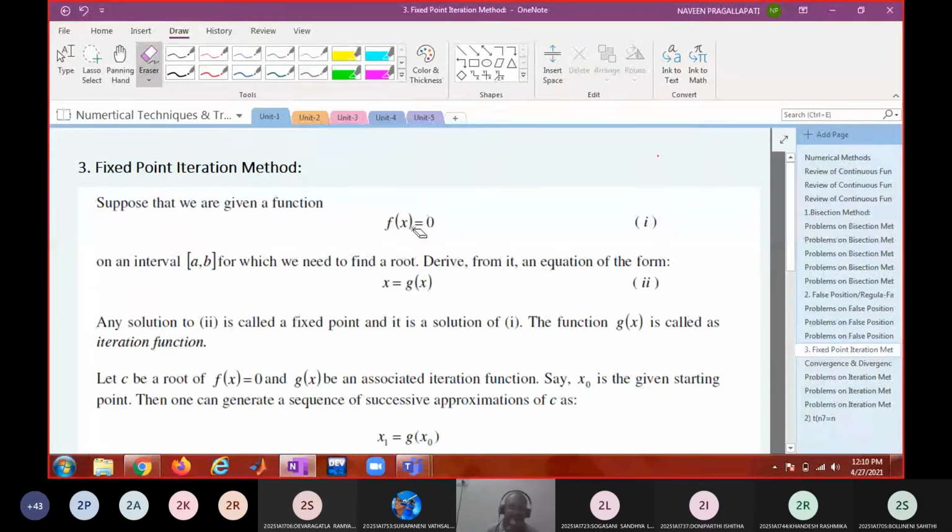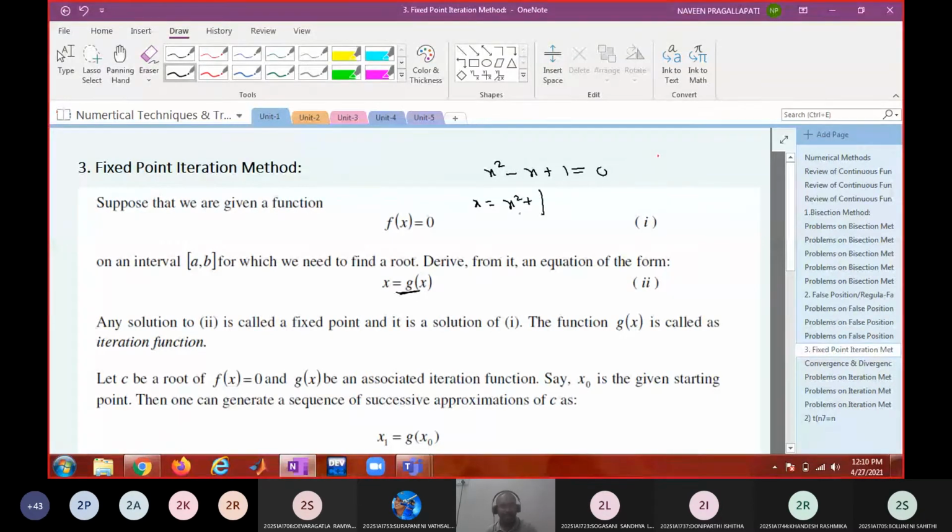When an equation is given like this, you can rewrite it as x equal to g of x in several ways. Do you agree? Suppose I write an equation like x square minus x plus 1 equal to 0. In how many ways can you write this in the form x equal to g of x? Can you tell me? I can write it as x equal to x square plus 1.